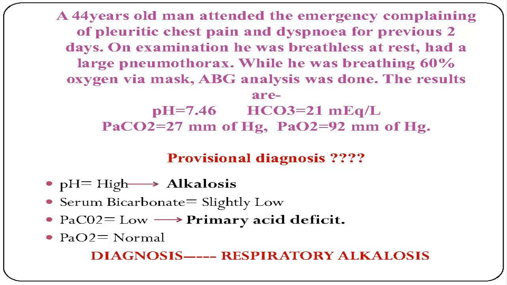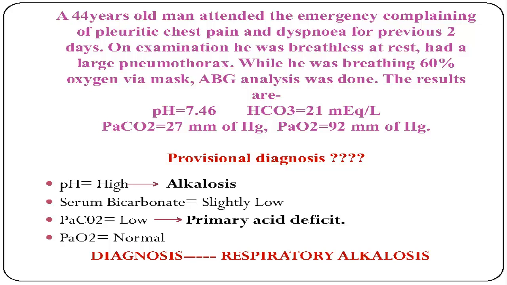Now in case of alkalosis, you can say that the alkalosis is due to either primary base excess or primary acid deficit. But as the serum bicarbonate is slightly low, there is no primary base excess. So this is not a metabolic alkalosis.